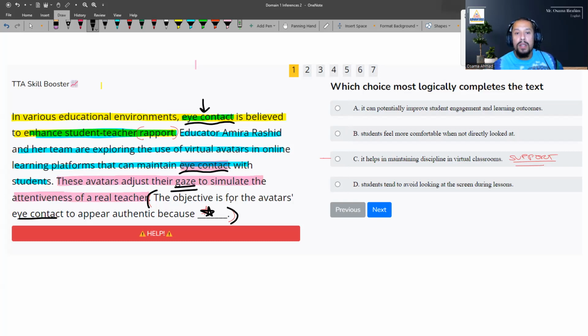What does sentence number one tell us? What does eye contact do? To enhance student-teacher rapport. Relationship. So it enhances student-teacher rapport. It enhances the dealings or the engagement between a student and teacher. So therefore, if an avatar keeps the eye contact, what do you think the effect would be?